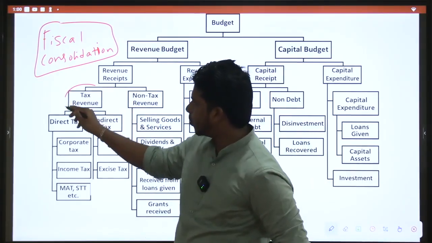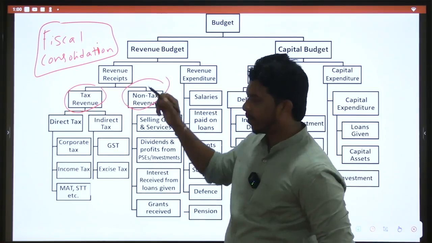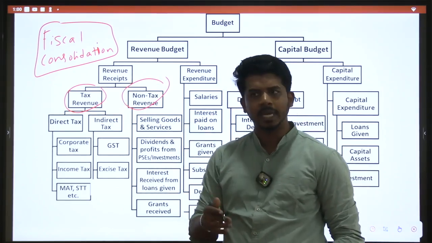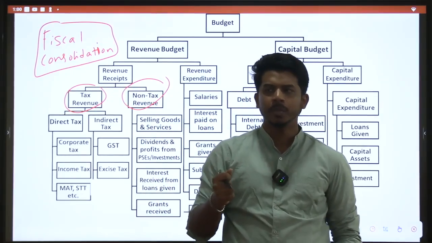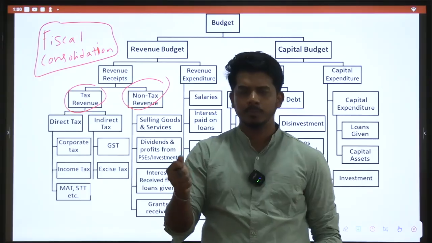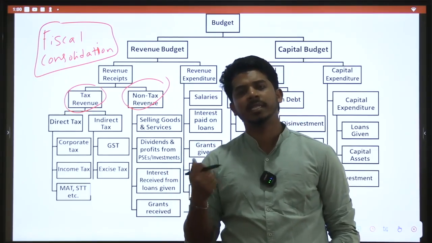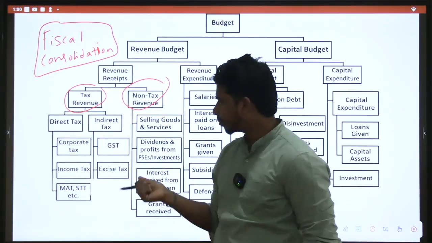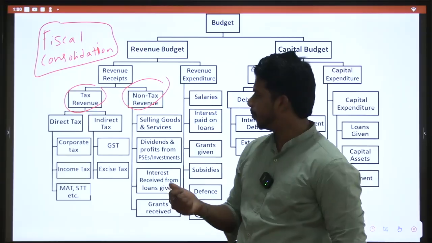One is tax revenue. So government regularly receives tax. There are other kinds of revenues like non-tax revenues, like every year RBI pays something called dividend to the government of India. So this year also, a very recent current affair, RBI has paid some 2,63,000 crore to the government of India because it has excess profit.